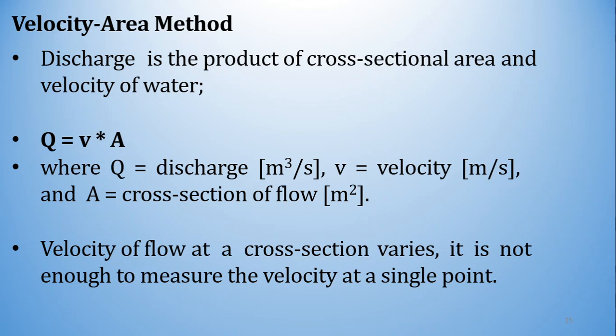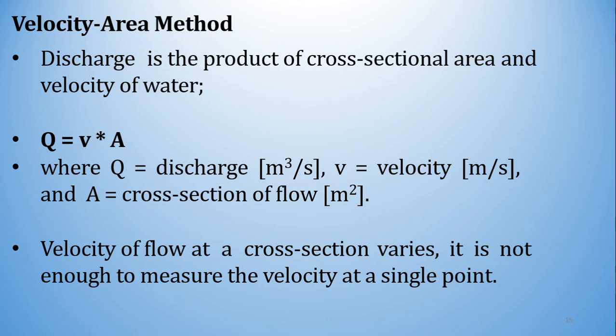Discharge is the product of cross-sectional area and velocity of water. Therefore, Q = V × A, where Q is discharge in meter cube per second, V is velocity in meter per second, and A is cross-section of flow in meter square.